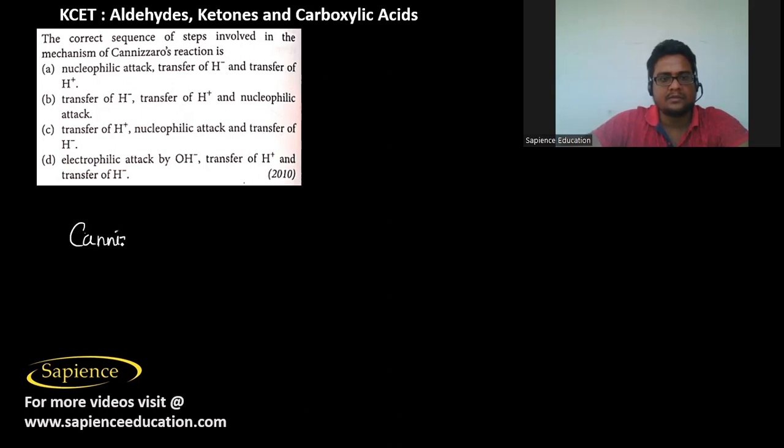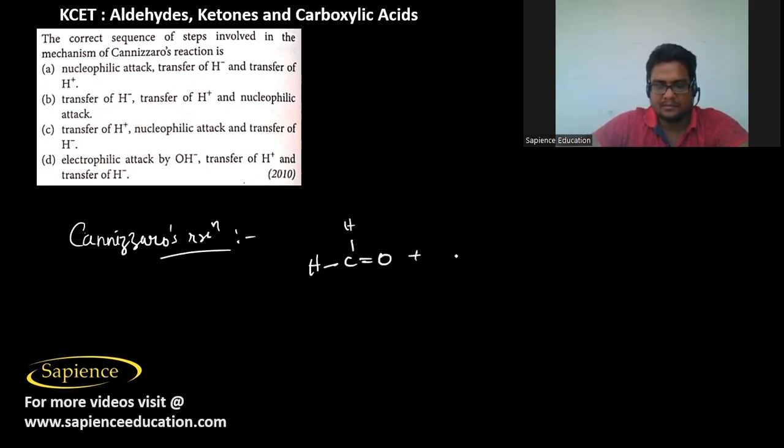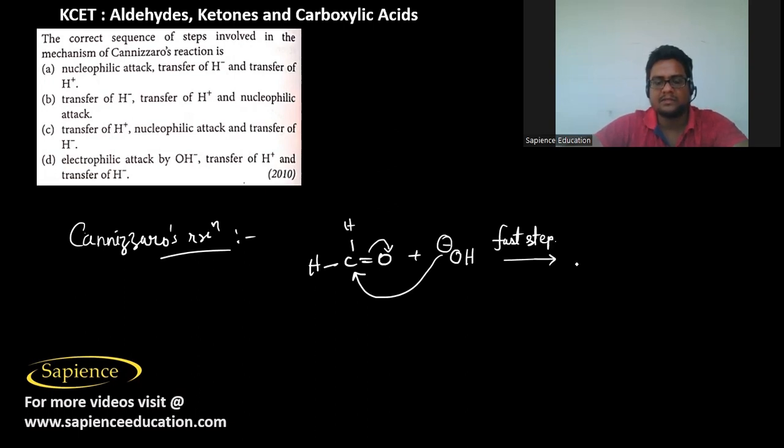So in Cannizzaro's reaction, the steps are: if you have formaldehyde, the nucleophile OH minus will attack here, and the pi electrons will shift onto the oxygen atom. It is a fast step, so step 1 is fast.